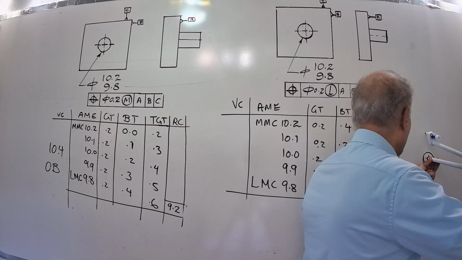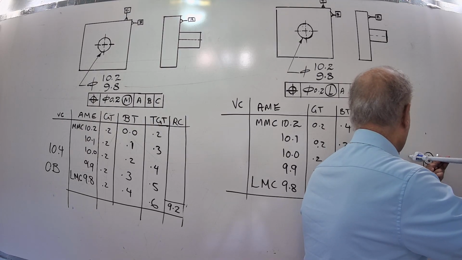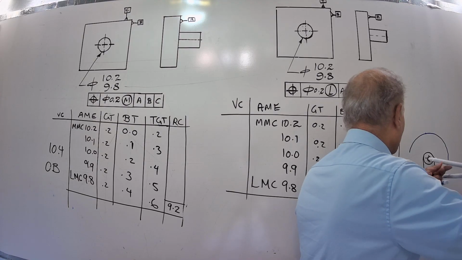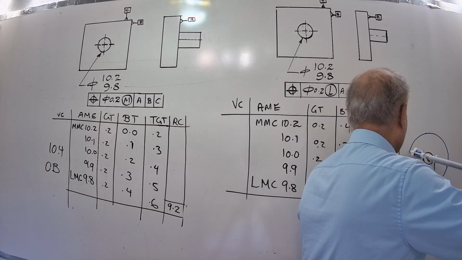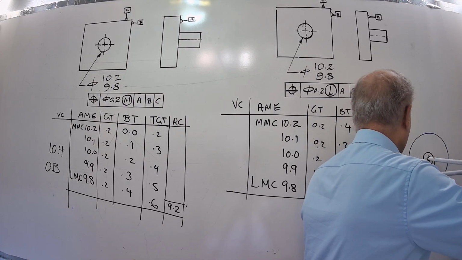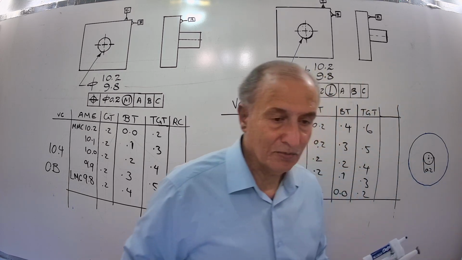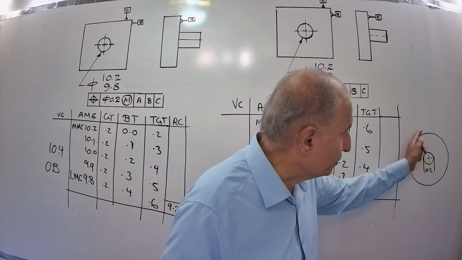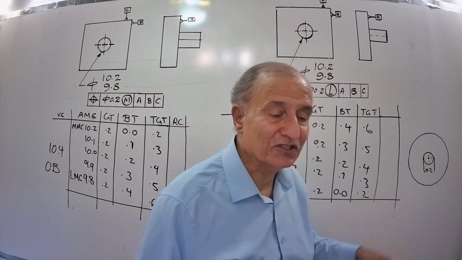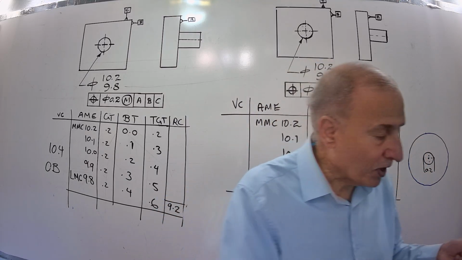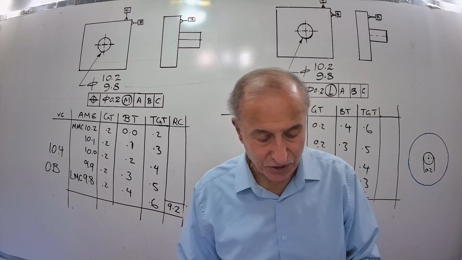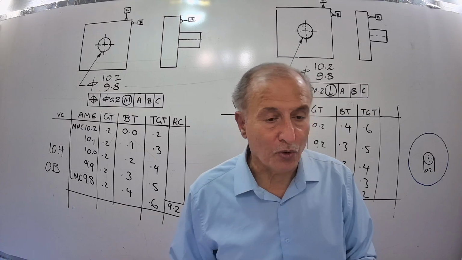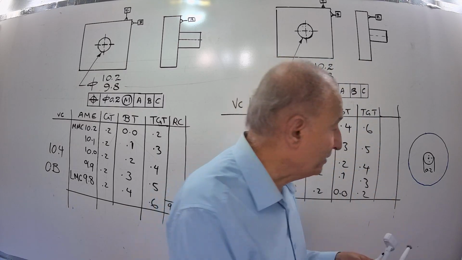Then assume that we draw a circle that shows the position of the shaft at 9.8. But we know that this is not true. We cannot produce a shaft exactly at its center. This is why we give permission to the manufacturer that you can have error. How much? 0.1 in each side, in each direction.